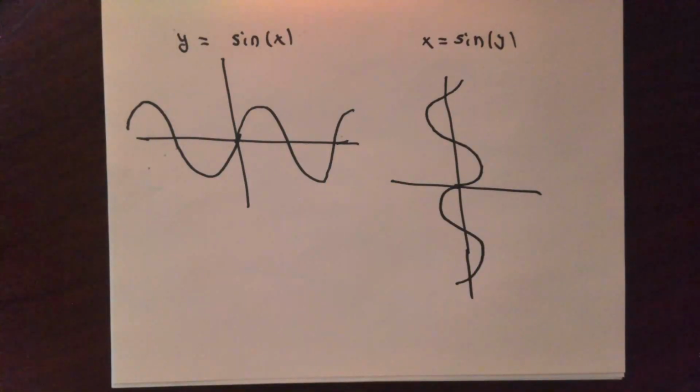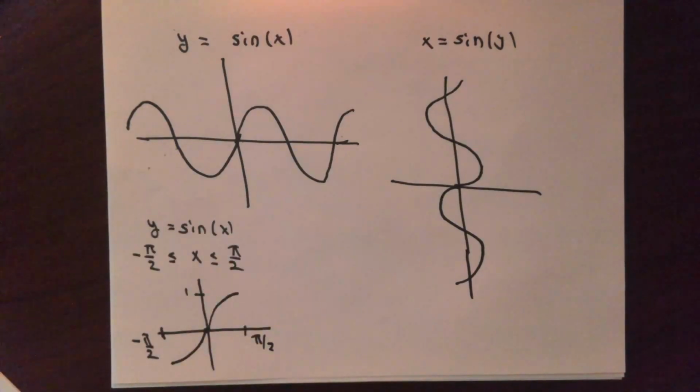The way that we do this is completely arbitrary, but since the sine function is odd, I ought to be able to get away with just taking the middle piece. I'm going to only look at x's that go from negative pi over 2 to pi over 2. On that range of x values, I do get all possible values of sine x, all values from -1 to +1, but there are no repeated function values.